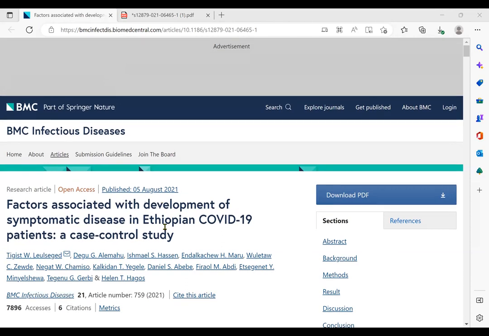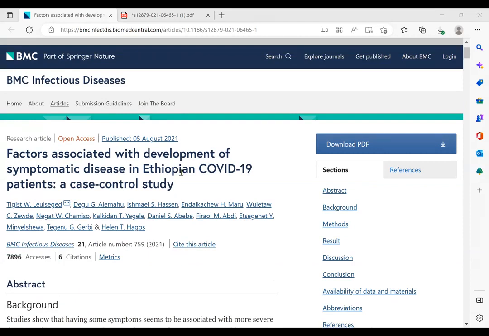So this is the published article, and the way we conducted the study, we started by gathering patients with symptomatic COVID-19 and a comparable group of individuals who were not symptomatic.